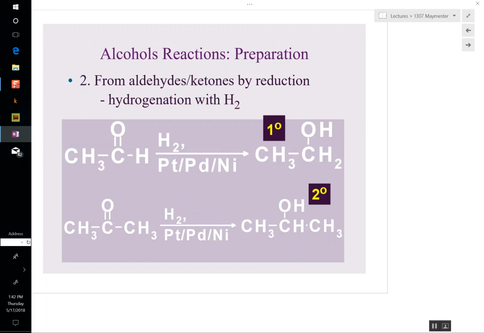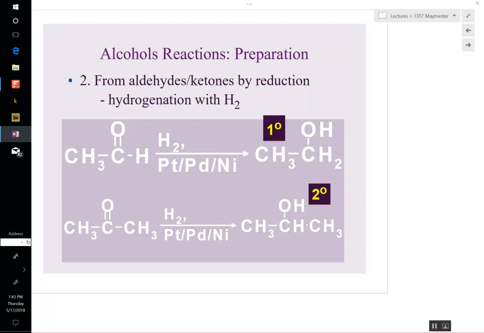Oh, here's another way of preparing them. I should kind of leave this for last. I always say that and then I forget to come back and explain this one. This is the hydrogenation of a carbon-oxygen double bond. You can make an alcohol. This is another way of preparing an alcohol. Now this one is a little bit more challenging for you right now because you haven't studied aldehydes and ketones yet.